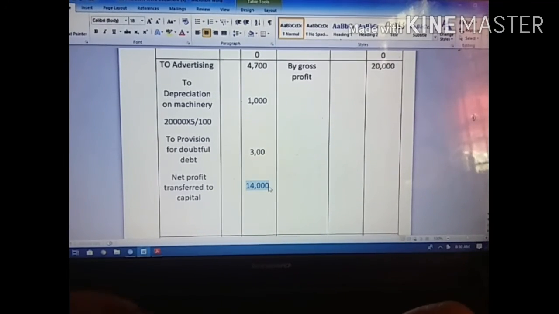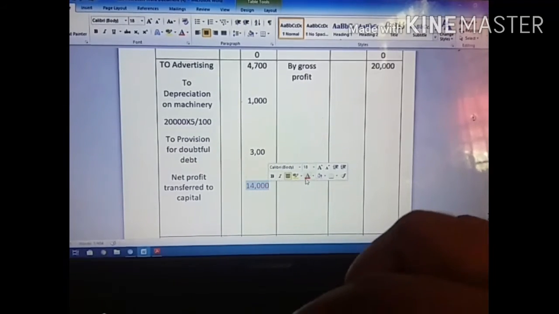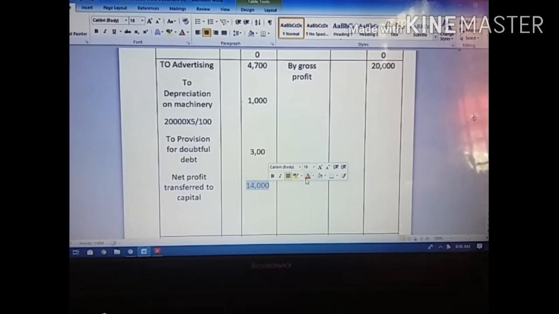So GP we find through the trading account, and net profit through the profit and loss account. So this 14,000 we have to transfer to the capital account.